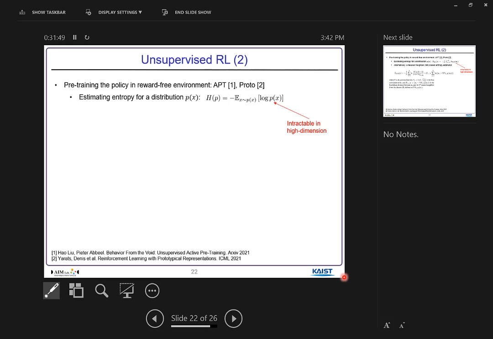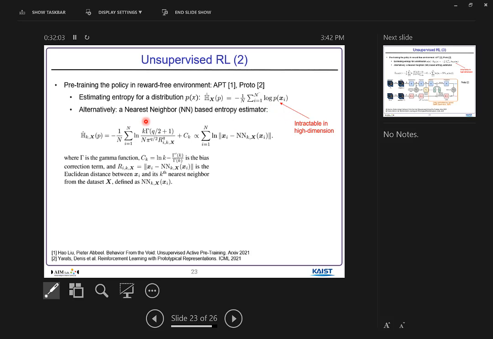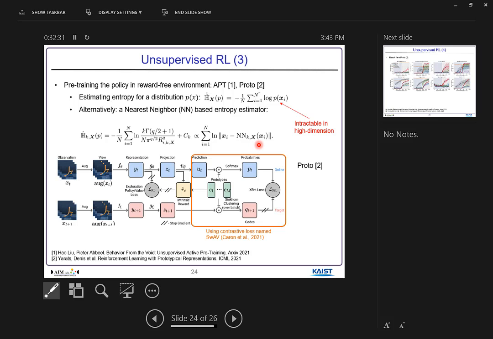One problem is that when we use the entropy with a high-dimensional state, such as an image, it is intractable to compute the density. So one alternative is the nearest neighbor based entropy estimator. This is its definition. It is another way to estimate the entropy, and basically it is proportional to this. So this kind of reward can be quite easy to learn in the high-dimensional state.